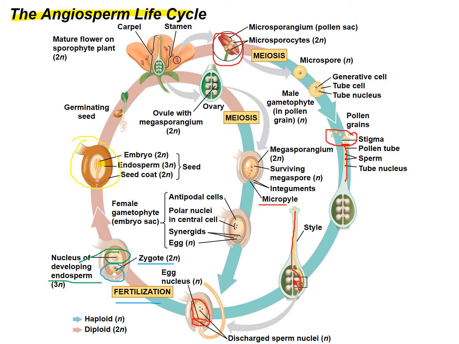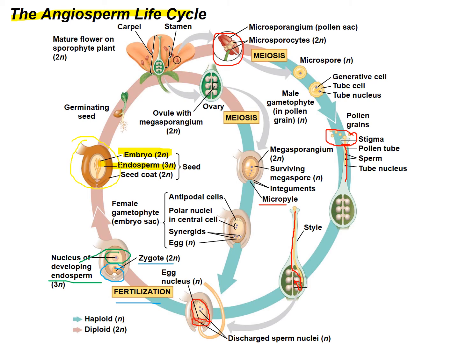The seed consists of an embryo. The zygote develops into an embryo with a rudimentary or embryonic root and one cotyledon, or two cotyledons in dicots, the seed leaves. We refer to these cotyledons as seed leaves. In the seed, the triploid nucleus in the embryo sac divides repeatedly, forming triploid endosperm, rich in starch and other food reserves.